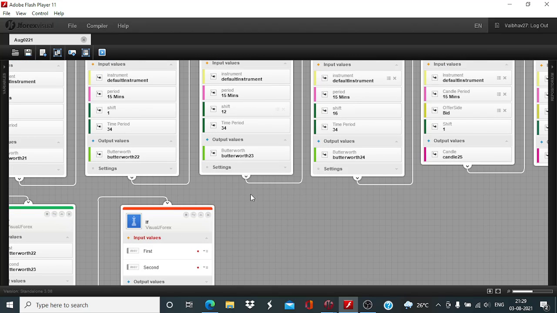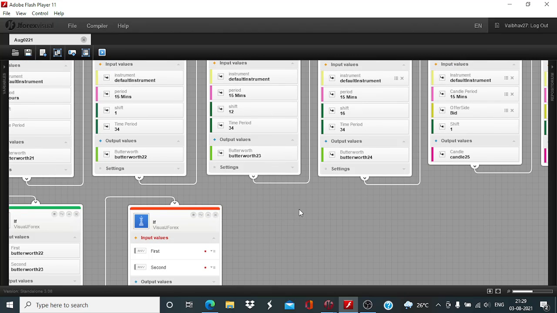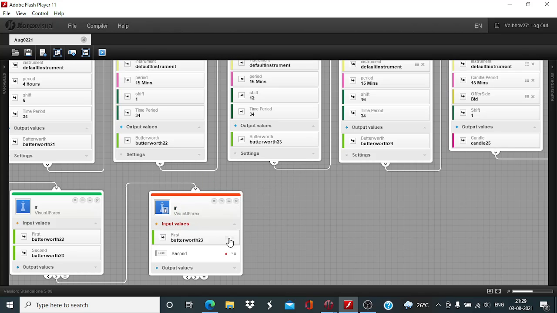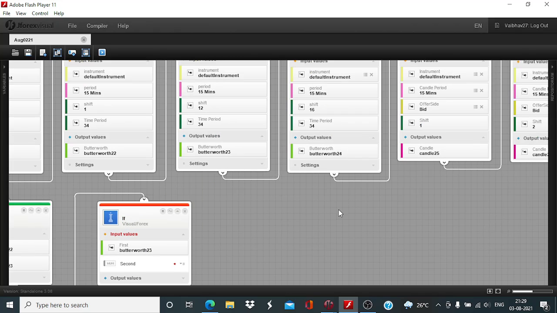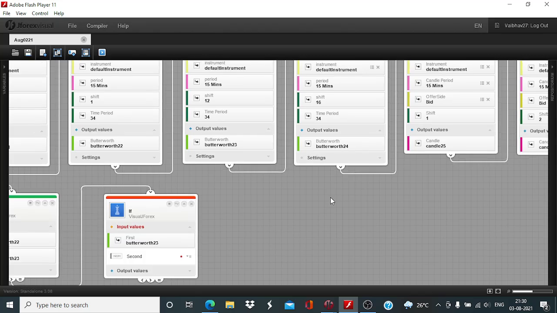And this value, the Butterworth 23rd, should be lower compared to Butterworth 24. Again, the only difference is between these shift values. Here it is 12, here it is 16.